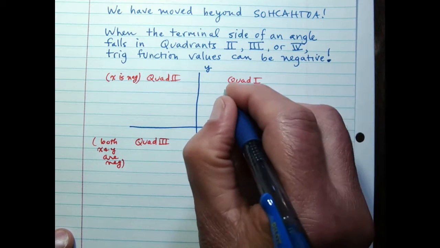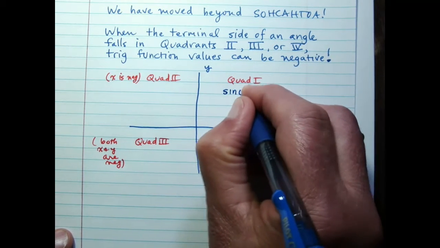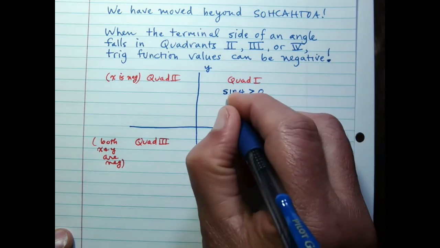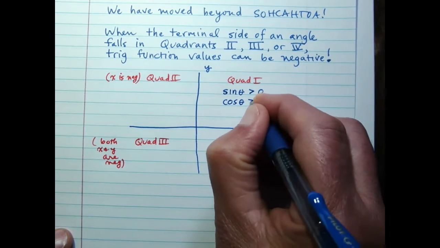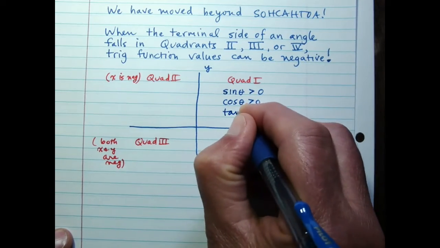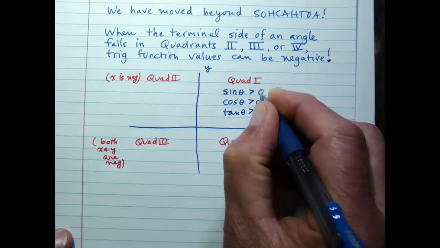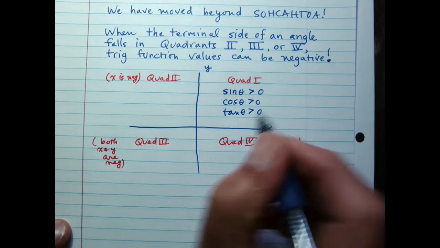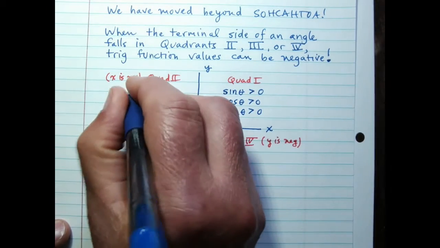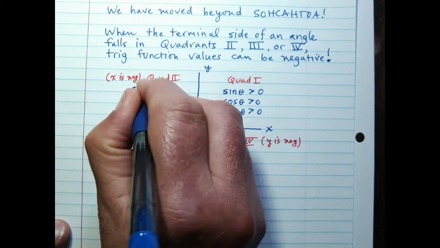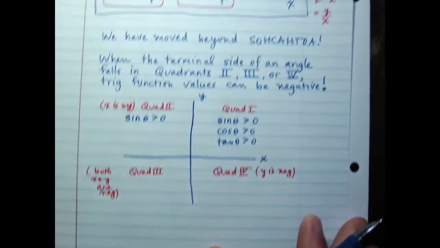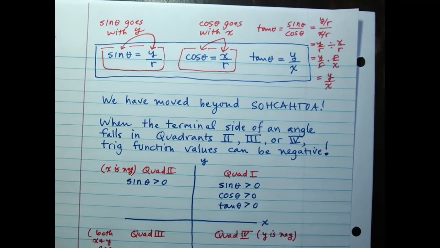In quadrant 1, sine of an angle is always greater than 0, always positive. Cosine of an angle is always positive. Tangent of an angle is always positive. The trig function values in quadrant 1 are always positive. In quadrant 2, sine will be positive because sine goes with y.